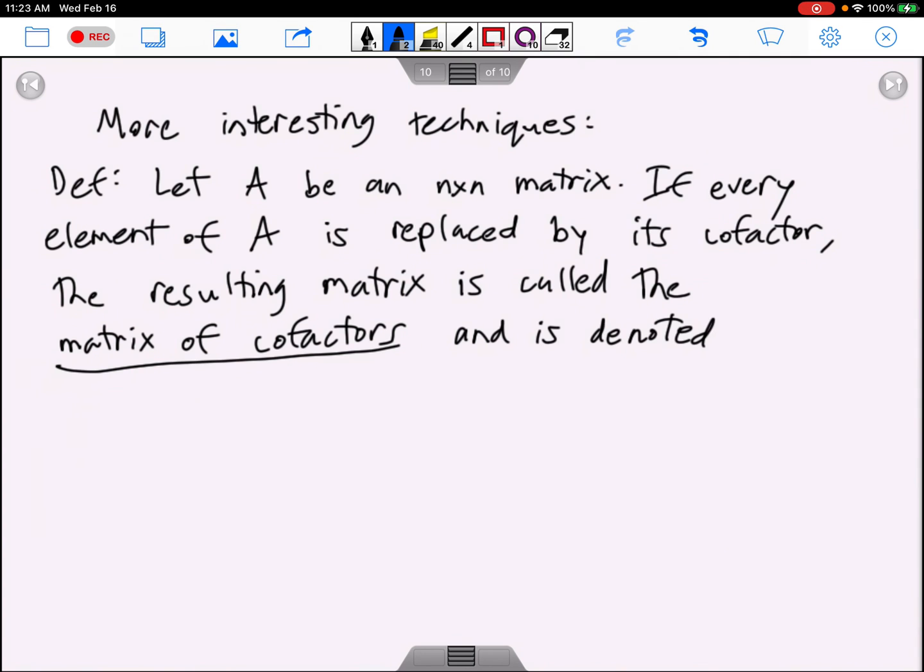And is denoted MC, M sub C. Okay, that's the matrix of cofactors.